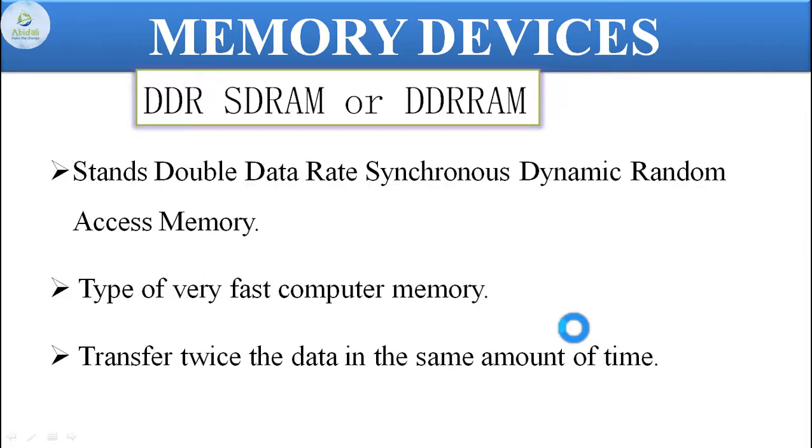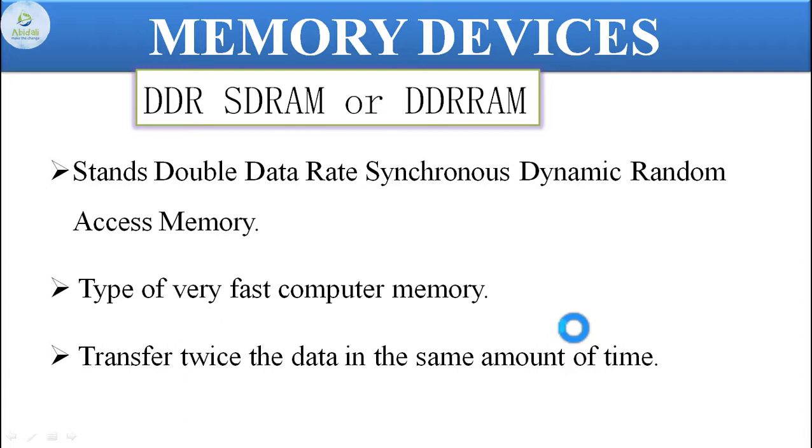But there are differences in the dynamic RAM, we'll be seeing the difference. Then we have DDR RAM or DDR SDRAM, which stands for double data rate synchronous dynamic random access memory. This is the full form.